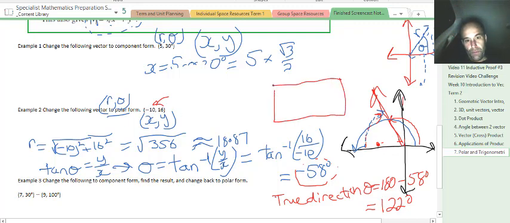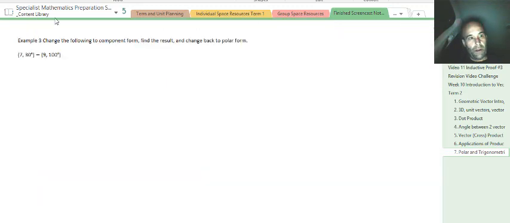So the final result in polar form is 18.87, 122 degrees.